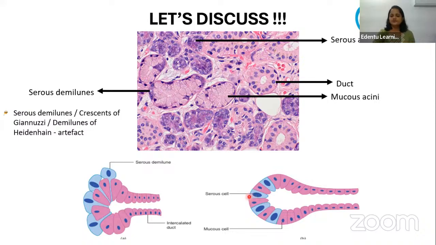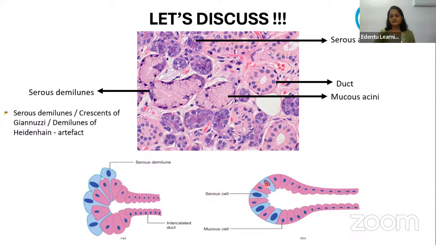So the pathologists concluded that these serous demilunes are just an artifact while doing the tissue processing. Tissue processing includes a lot of techniques and a lot of chemicals are used. They concluded that these serous demilunes are an artifact because of some tissue processing errors, and it is not an actual structure present in the histology of the salivary glands.